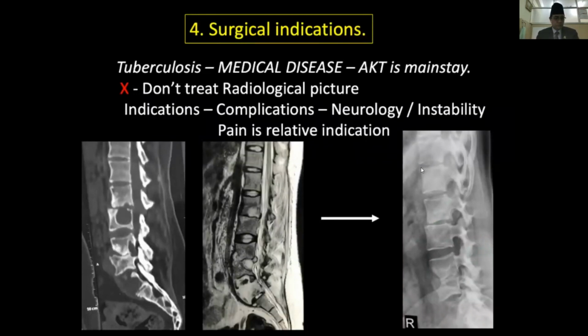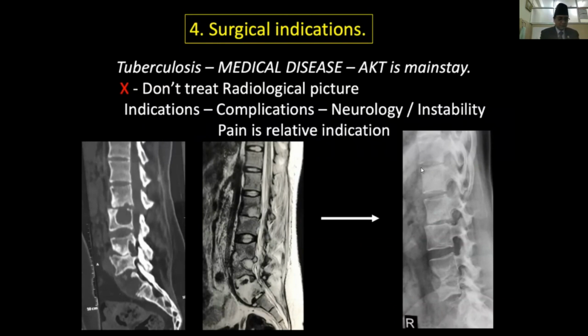We need to understand that tuberculosis is basically a medical disease, and antituberculous treatment is the mainstay of treatment. Do not treat the radiological picture. We all know that radiology heals with good, sensitive, acting antituberculous treatment.